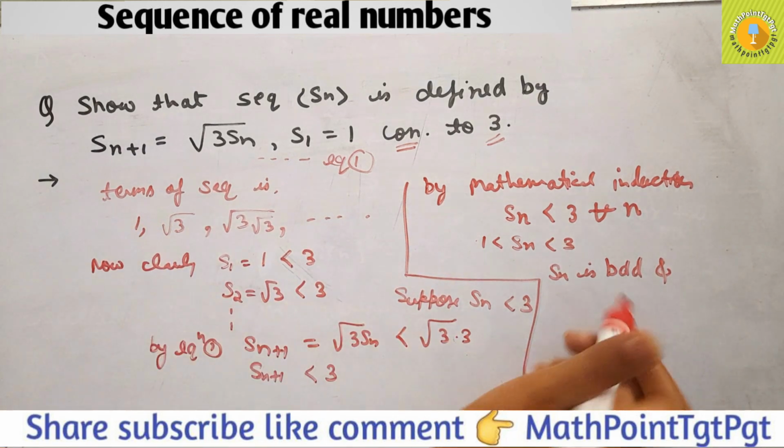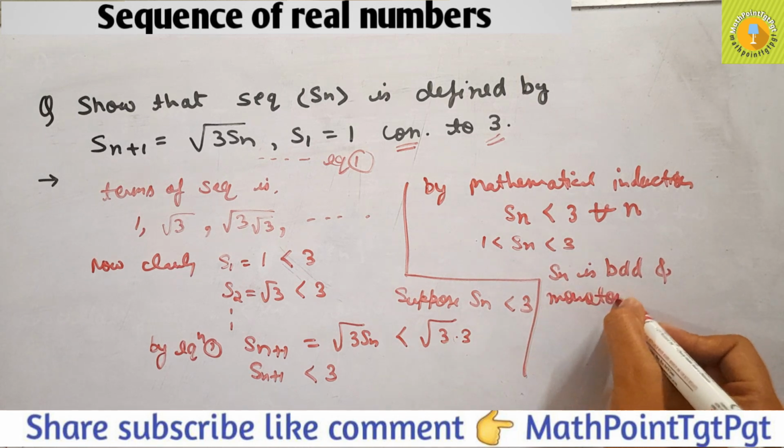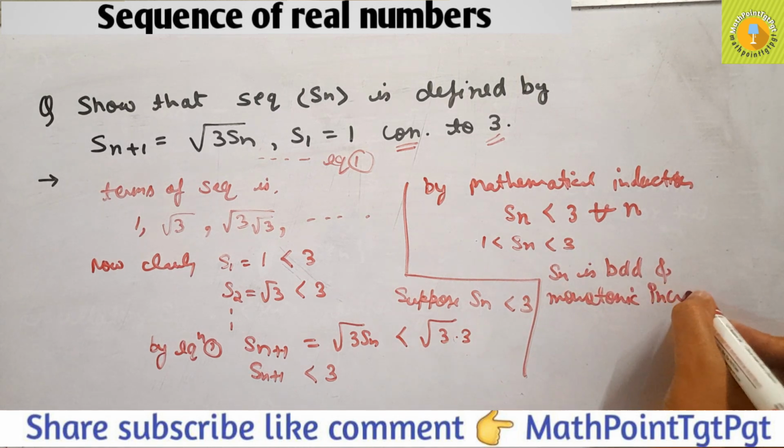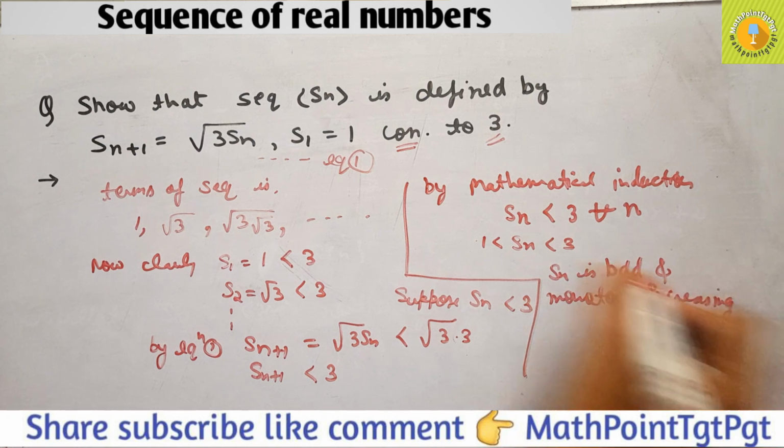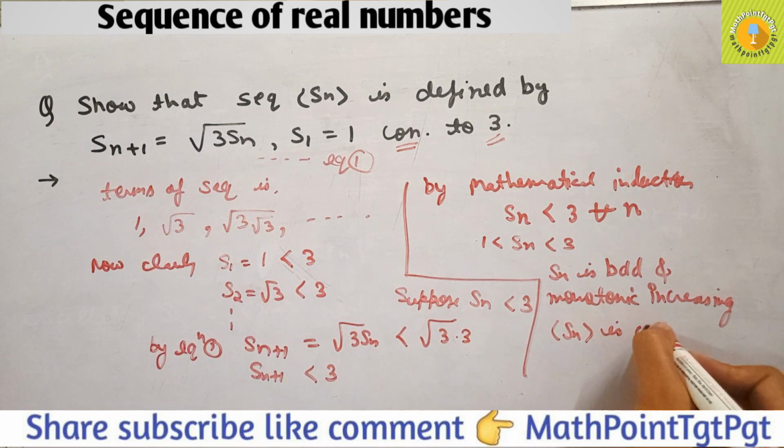So we can say that Sn is bounded and monotonically increasing, so we can easily say that this sequence Sn is convergent.